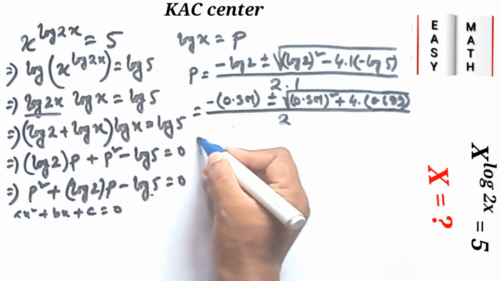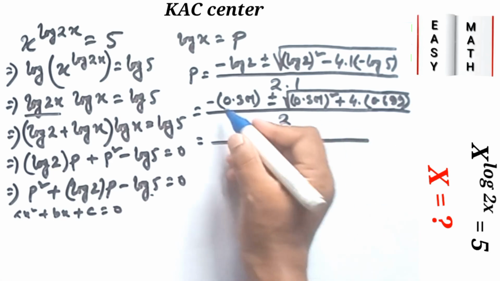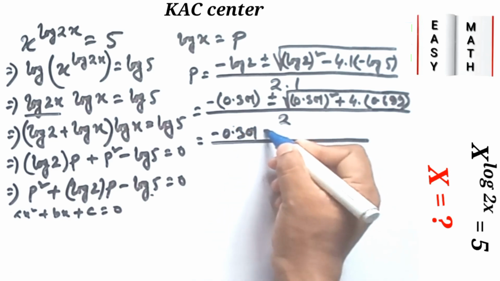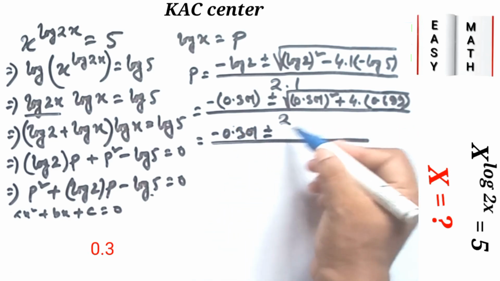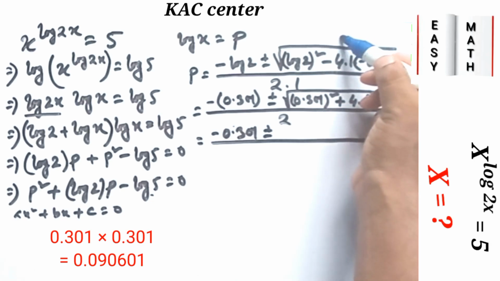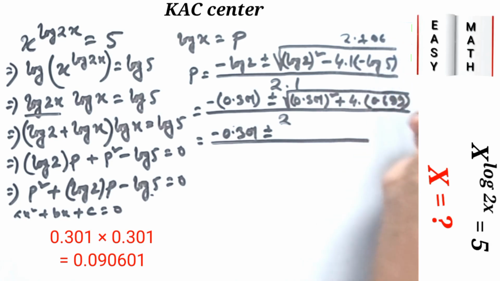And now we can write minus 0.301 plus minus root, and this value is 2.796.